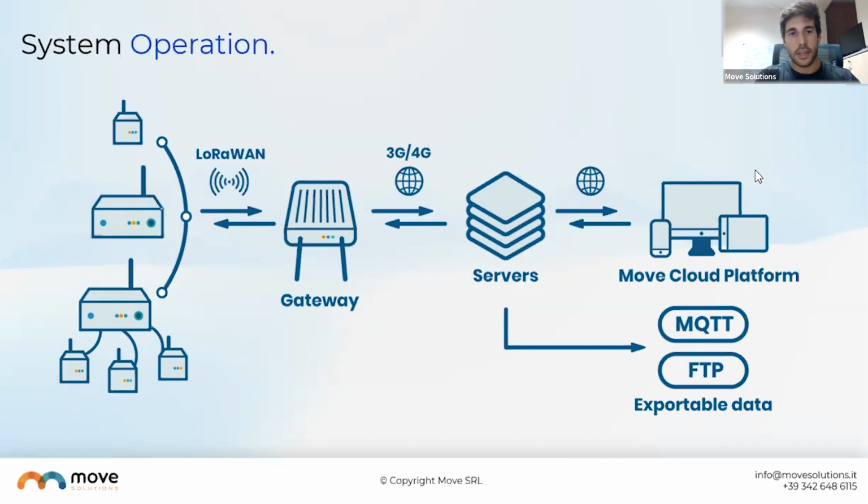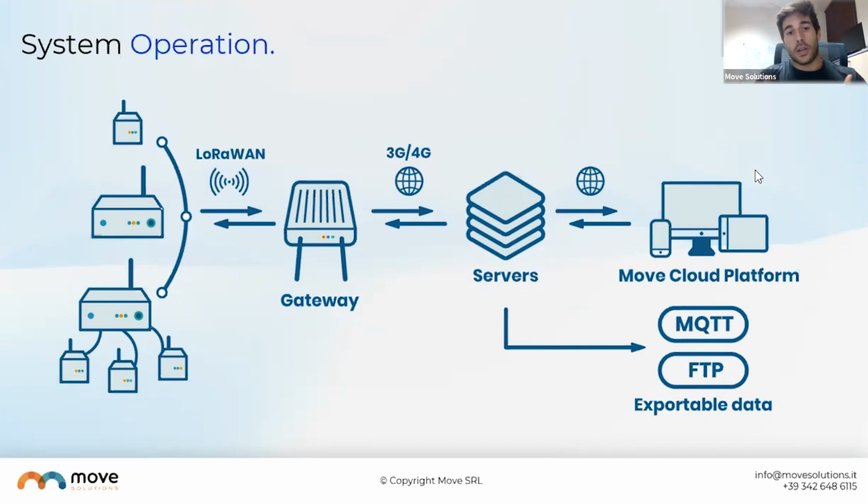They detect all the information and send the data through the gateway to the servers. The gateway communicates with the sensors with a LoRa protocol, a long-range low power protocol that allows us to reach very long distances with low power consumption on the sensors. The gateway then sends the data to the servers with an LTE connection from a SIM card, or through an Ethernet line if you have one.